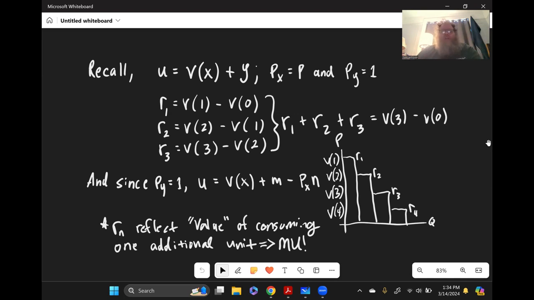Whereas on the consumer side, we're still dealing with this utility concept, and so it tends to be a little bit more abstract. And so as a result, a little bit more care should be taken when we describe these particular concepts.